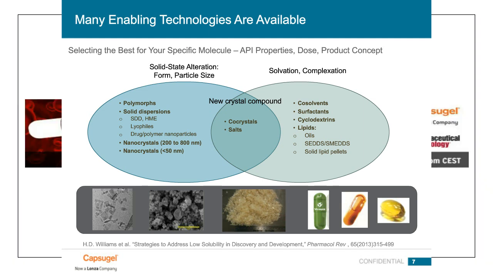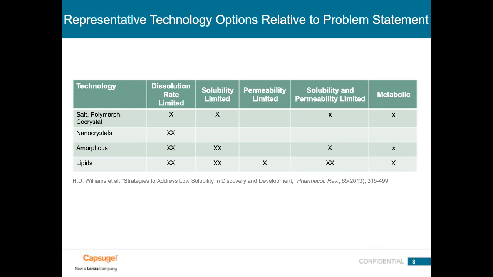So when we think about different problem statements for bioavailability enhancement, we often think about things such as dissolution rate, solubility limitations, and permeability limitations, as well as metabolic limitations to the correct PK profile that we're looking for. When it comes to dissolution rate and solubility, there are several technologies which may, depending on the compound's other properties, fill these problem statements. For dissolution rate limited compounds, obviously size reduction is a great way to increase dissolution rate.